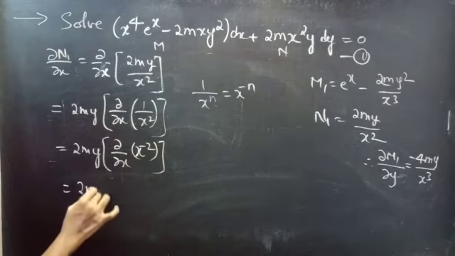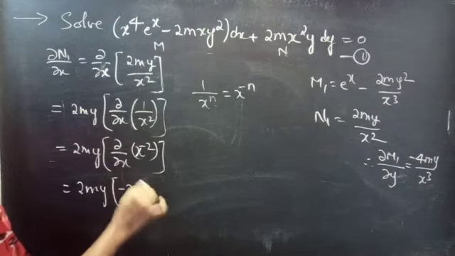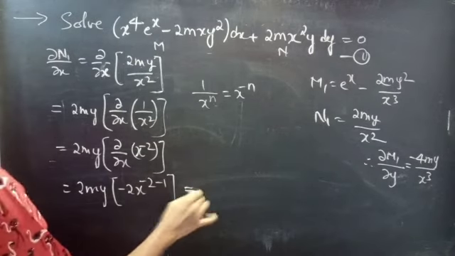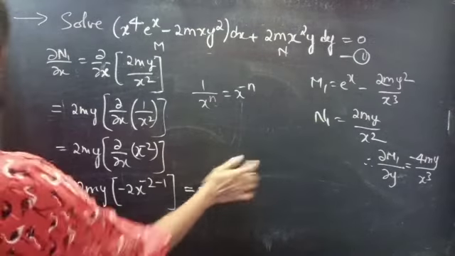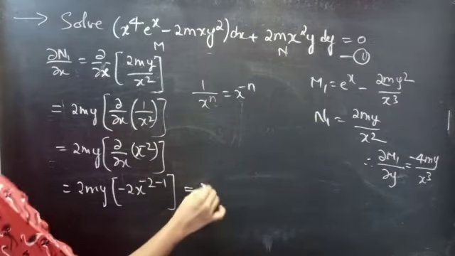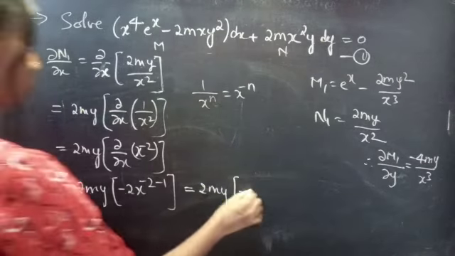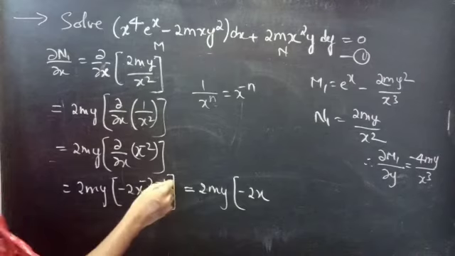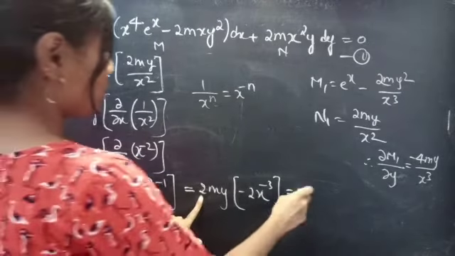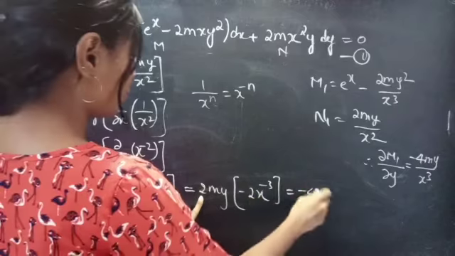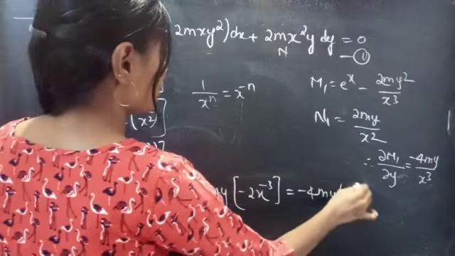Is equal to 2my into partial derivative of x power minus 2, which is minus 2 into x power minus 2 minus 1. Which is 2 into minus 2, which is minus 4. Better, you can just simplify this. Minus 2 into x power minus 2 minus 1 is minus 3, which is equal to minus 2 2s are 4, my into x power minus 3.